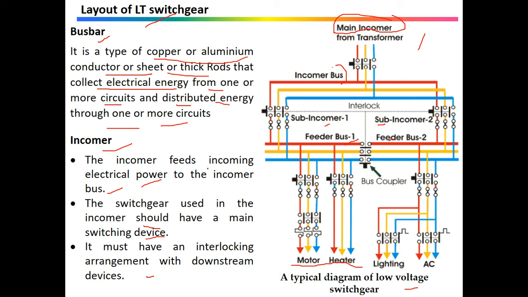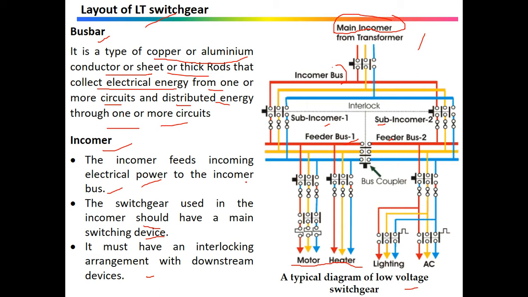But it should be capable of interrupting the maximum value of the fault current generated in the system. So it must have interlocking with downstream devices. For this purpose, we generally use air circuit breakers (ACBs), which are preferably used as interrupting devices.